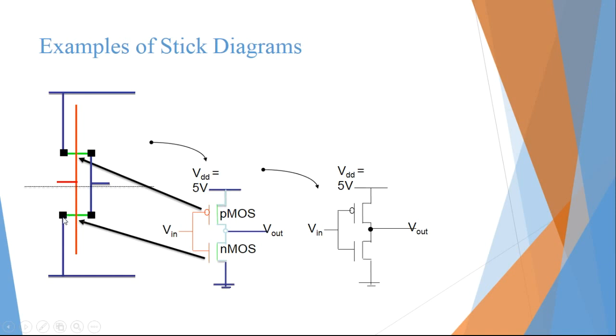And NMOS source is connected to ground, and output is taken from here. So as you can see that we have the poly here. Okay, poly is connected, and we are taking input as Vin on this side, and output we are taking on the drain side, right?